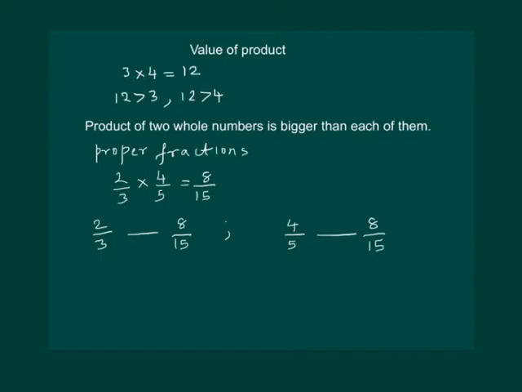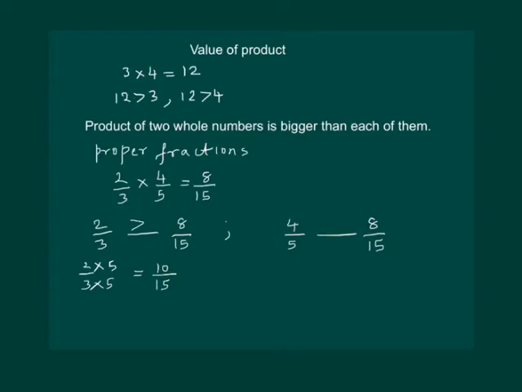So we will take the LCM of 3 and 15, which will be 15, and find the equivalent fraction of 2 by 3 such that our denominator is 15. We get 10 by 15, implying that 2 by 3 is greater than 8 by 15.